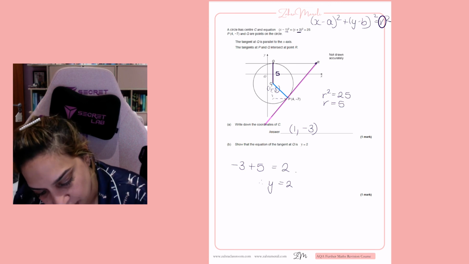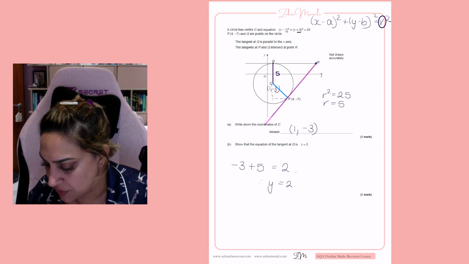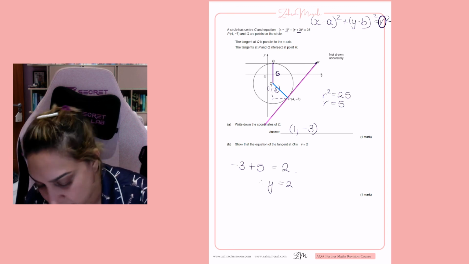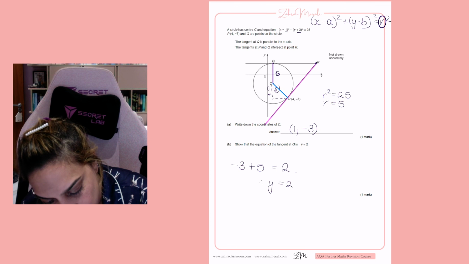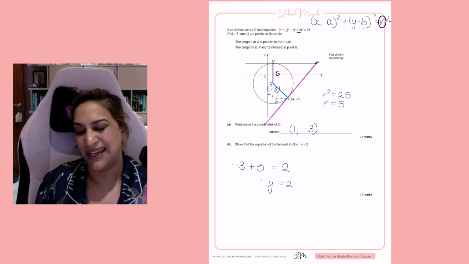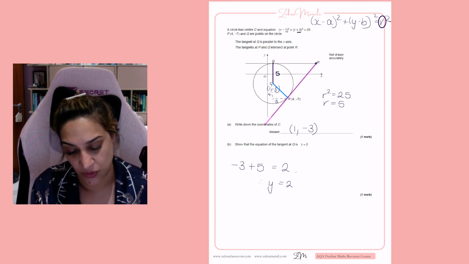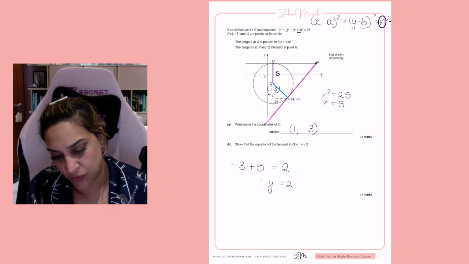So if we have a look from minus 3 to minus 7, that space is 4, and from 1 to 4, it's 3. It's a negative line, so we've got minus 4/3. And we've got the 4 minus 7.